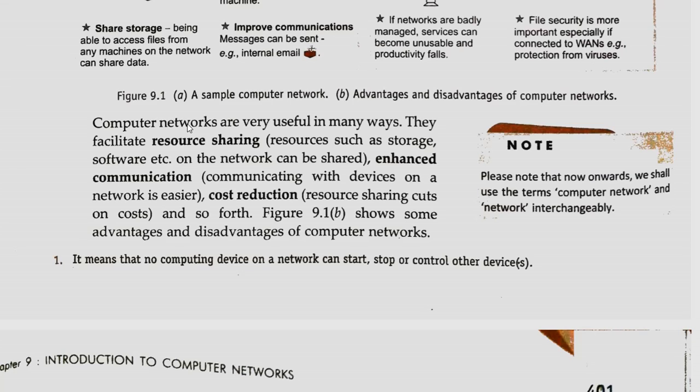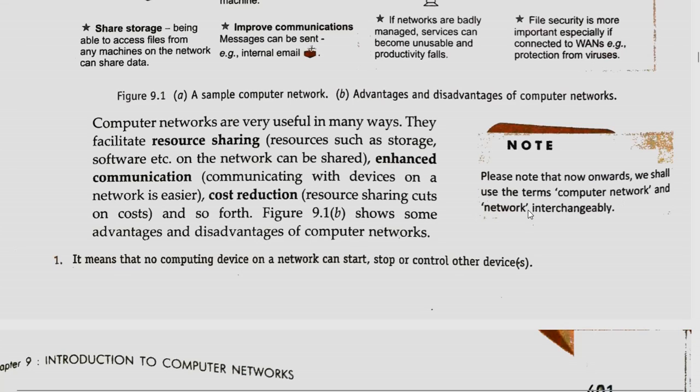It is also mentioned, please note that from now onwards we shall use the terms computer network and networks interchangeably. That means whenever we mention networks, we are talking about computer networks.